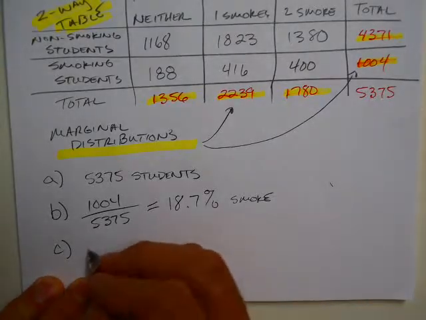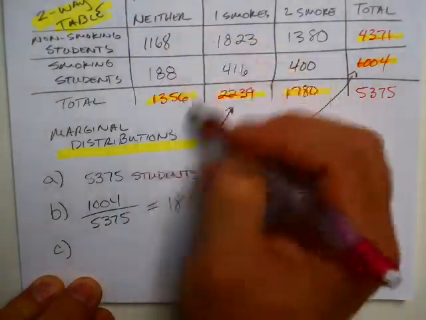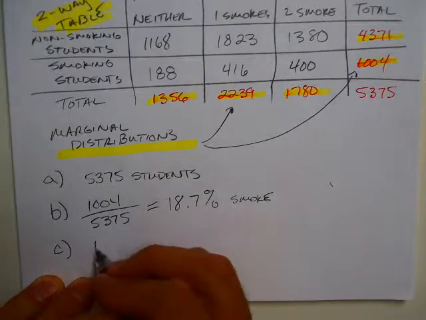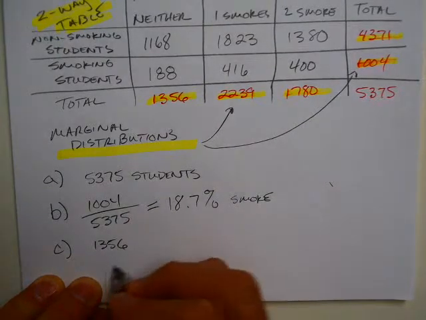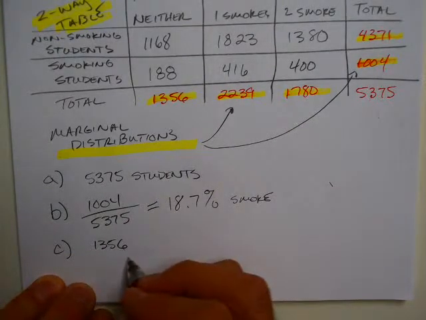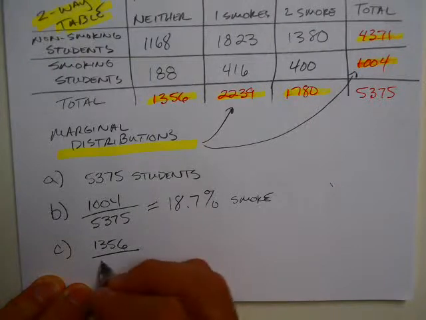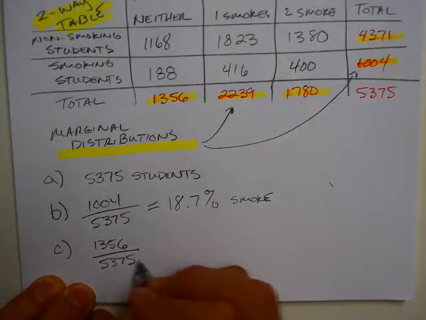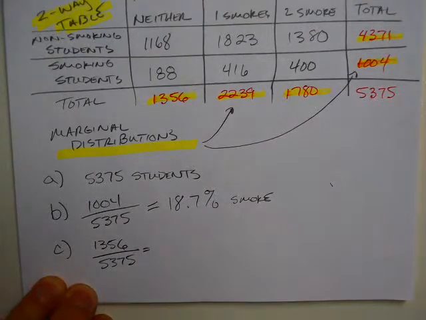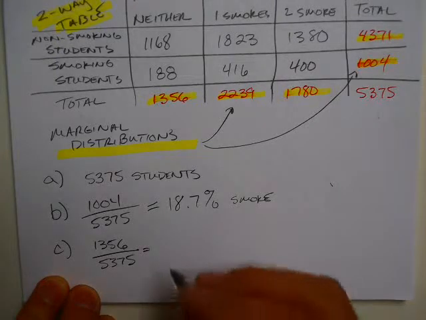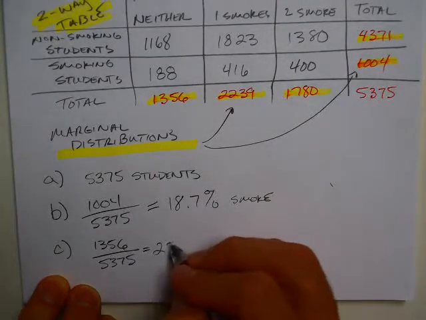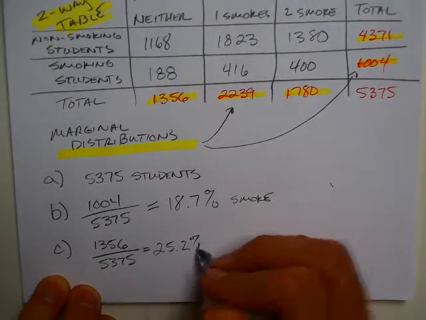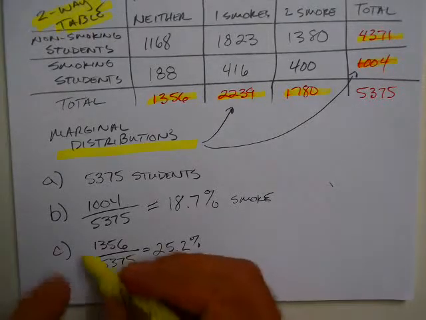So for the neither smokes, I've got 1,356 is my count, but if I divide that by the 5,375, that gives me the percent, where the percent of students where neither parent smokes is 25.2%. So this is the count.